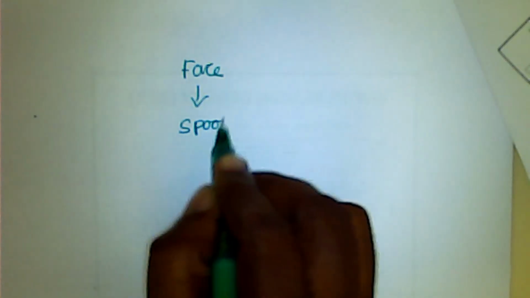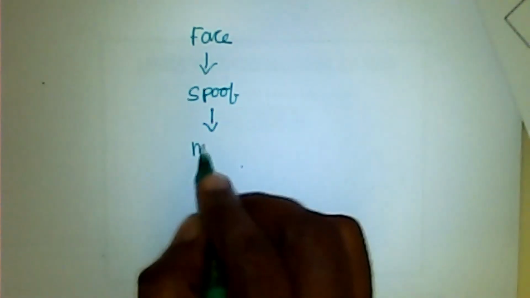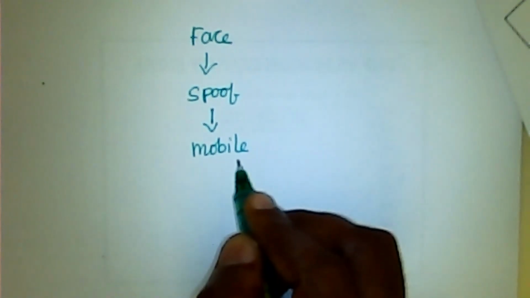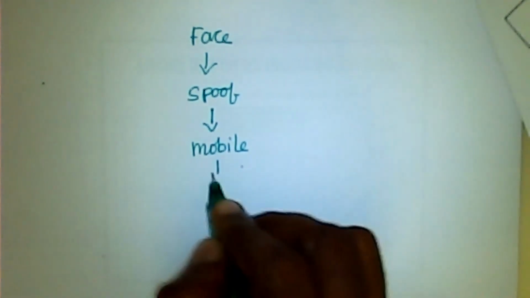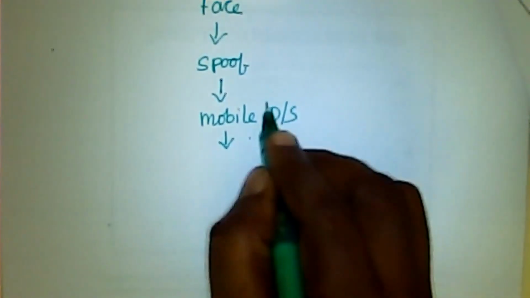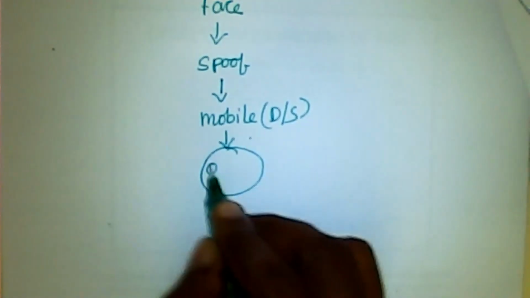If I write it in a simple manner, it is your face, then spoofing, and spoofing with the mobile, it means that specular or diffused manner. In that, I'm going to take a very simple question, that it is called diffused or specular way. And after my question, I'm going to focus on one area, that outdoor.